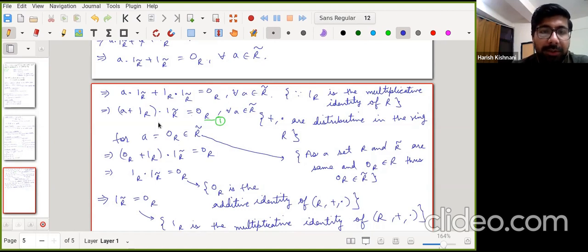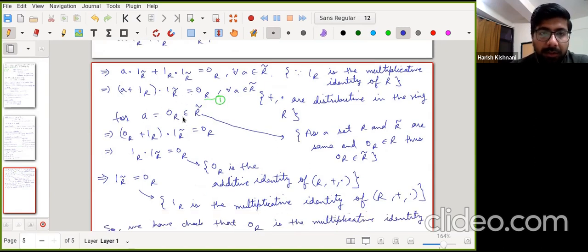This condition should hold for every A belonging to R delta if 1 of R delta is the multiplicative identity. Now, for a particular choice of A, if I put A to be 0 of R, so 0 of R is going to be in R inside R delta, because as I said, R and R delta are the same, and 0 of R is the additive identity. So it is inside R, and hence it is inside R delta.